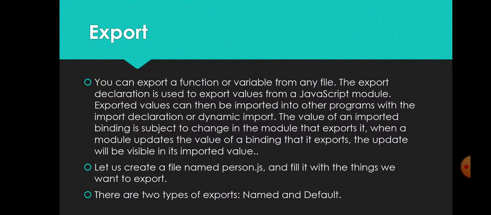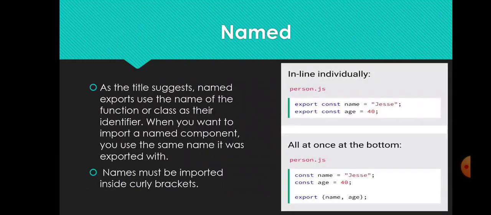Now let's check what the two different types of exports are. These are namely named and default. We'll look into the named export first. As the name suggests, the named export will have the class or function name as the identifier, and we'll be using the keyword export along with its name.